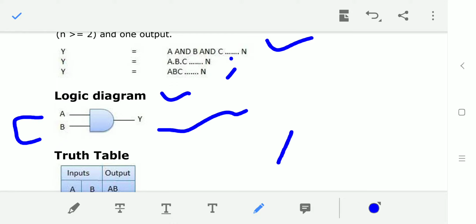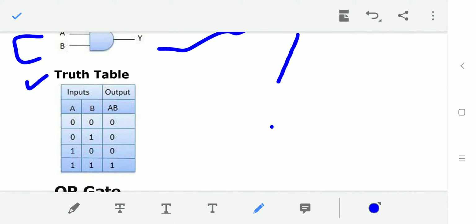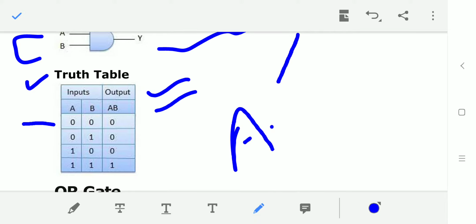अब ट्रूथ टेबल को देखिए. ट्रूथ टेबल क्या कहती है? Inputs A and B and output is AB. If inputs both A and B are 0 0, then output will be 0 for AND. If A is 0, B is 1, then AB will also be 0.